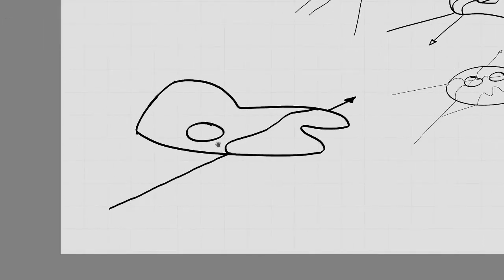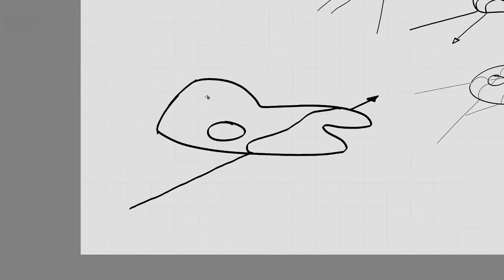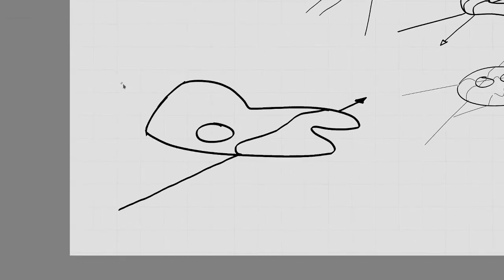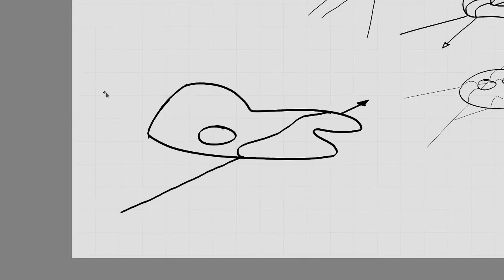Let's do another one from a different angle. So we have this huge lump here. There are different ways. You could flatten it like that, or you can keep it pronounced like that.